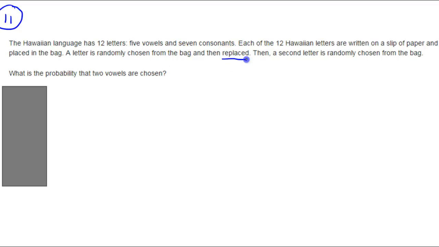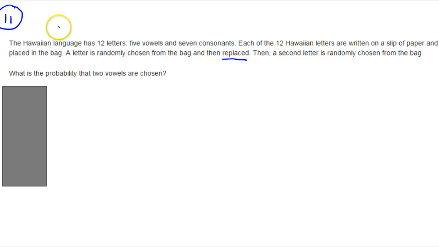All right, because we are putting the first letter back, we're choosing a letter out of the bag and replacing it, and then we're taking out the second letter. Because we're putting the first letter back, these two events are independent. One event does not affect the other, because when you pick the second letter, you have a fresh bag with all 12 letters again.